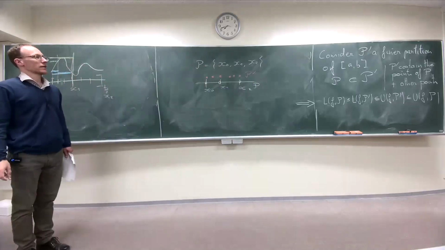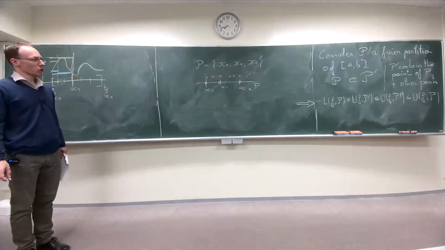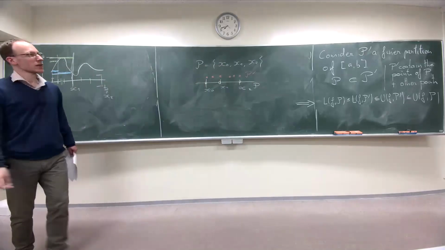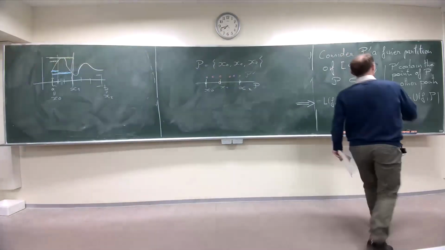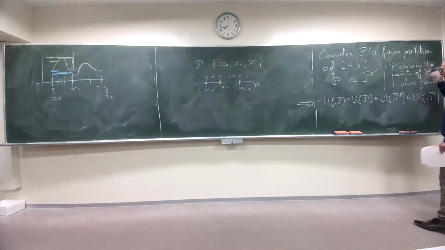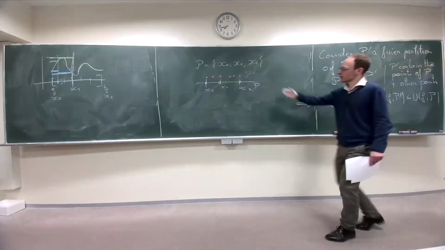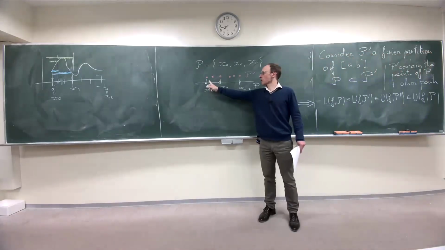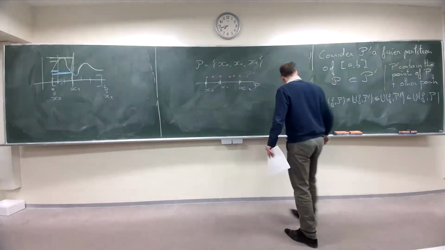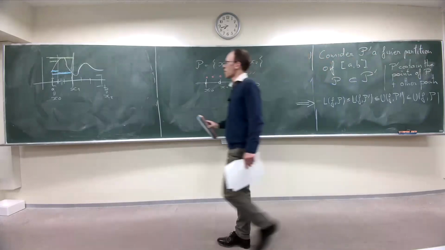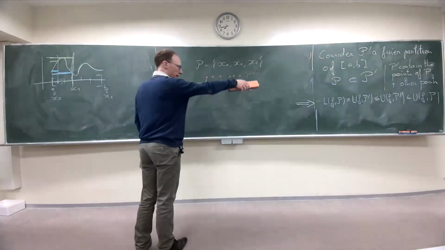P prime contains more points than P. So then I did what is written. Yeah, contains the points of P plus others. Then this is correct. Here it was not correct. So this is the picture. P prime contains the points of P plus additional ones.